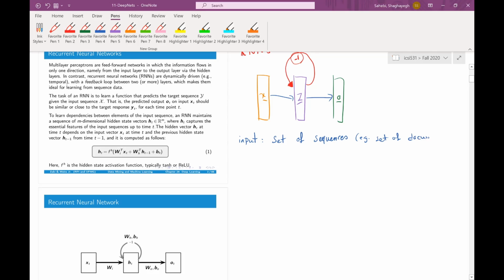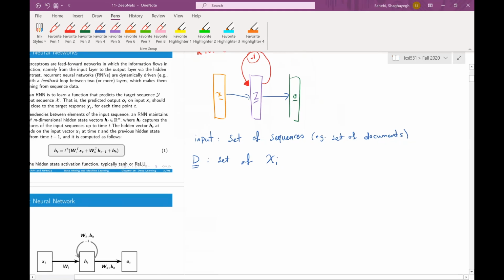Each document is a sequence, right? So instead of a set of vectors that we had so far, like in regression, we are having a set of sequences. So D is a set of sequences xi.